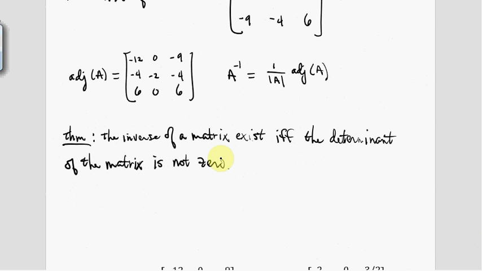In other words, if the matrix is invertible, that is, if the inverse exists, then automatically you get for free that the determinant will be non-zero. Or the other way around, which is the easier way, if the determinant is not equal to 0, then you get for free that the inverse of the matrix exists.